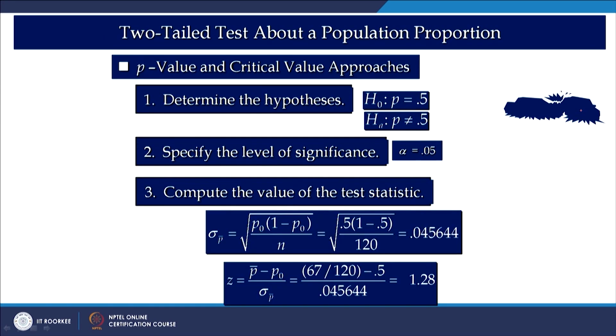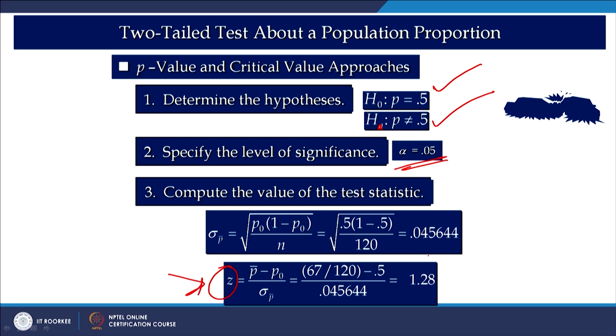The first step is you have formulated the null hypothesis and alternative hypothesis. This H A is p is not equal to 0.5, level of significance 0.05. We can calculate the appropriate Z statistic, which is Z equal to 1.28.